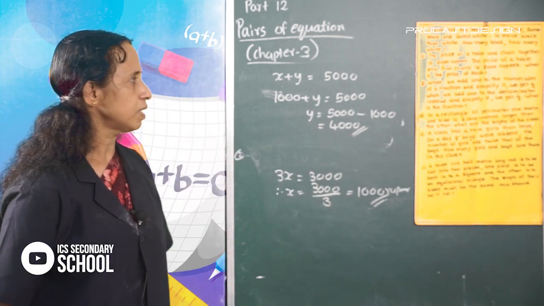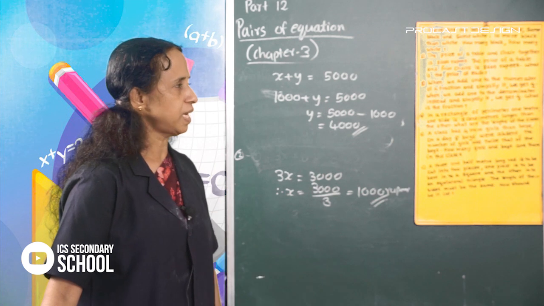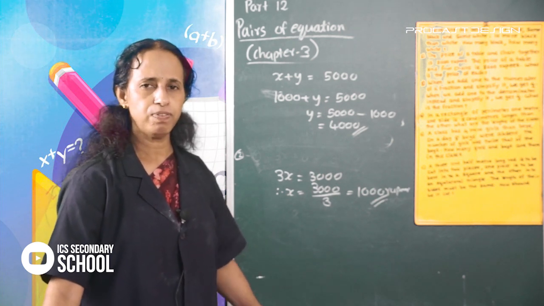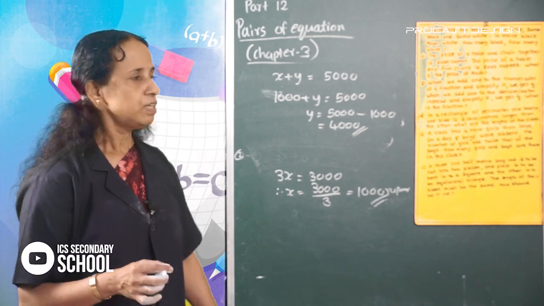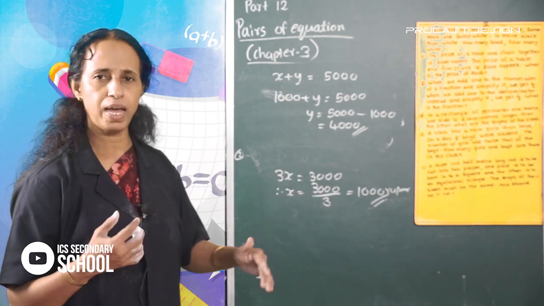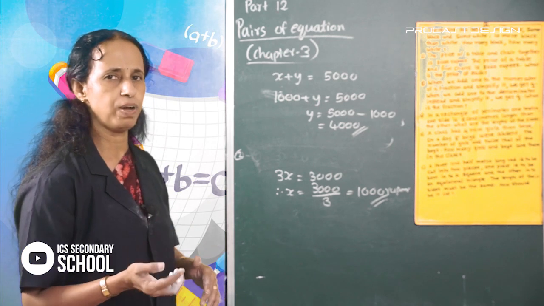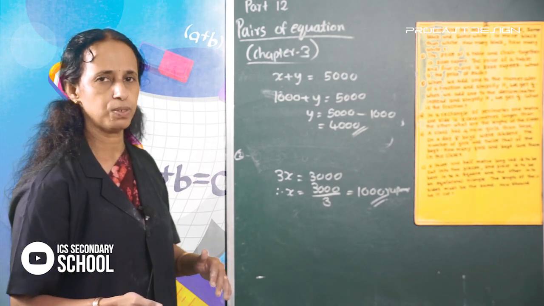Okay. The price of a table and chair together is 5,000 rupees. So, the price of a chair is x and the price of a table is y, so x plus y is equal to 5,000.